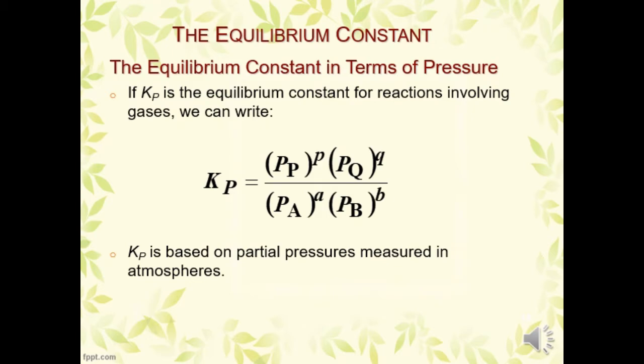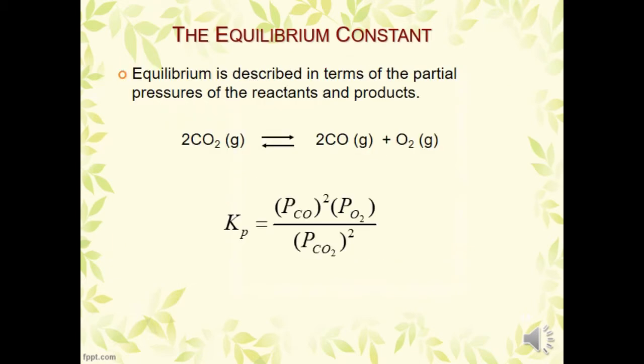When you write the expression, you write it like this, with no square brackets because it involves pressure now. So this is one example: formation of carbon monoxide and oxygen from carbon dioxide. We write the expression using the Kp expression here, where the coefficients become the powers in the expression.